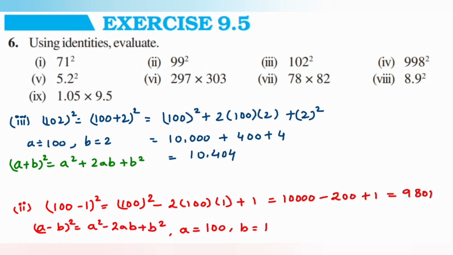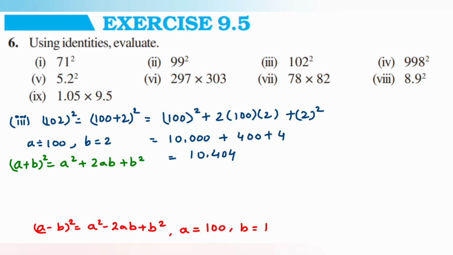Now we'll move on to the fourth one. Okay, the fourth question is 998 square. So this is like (1000 minus 2) whole square.